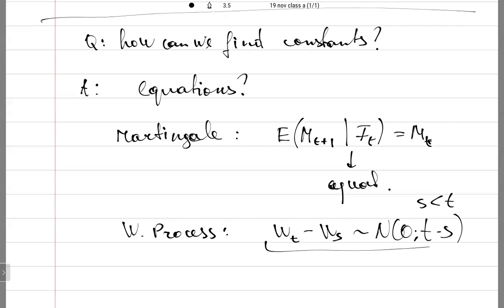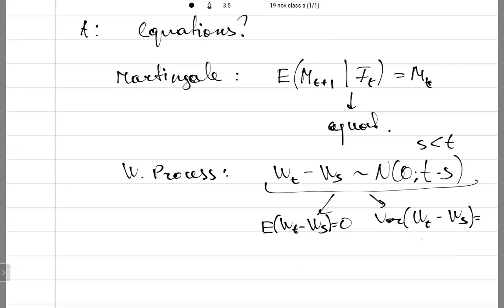So basically I have two equations: the expected value should be 0 and the variance of this difference should be t minus s.